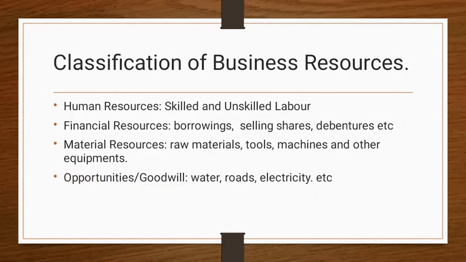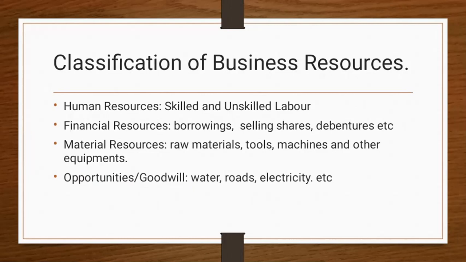So when we're talking about the human resources as one of the classifications of business resources, these human resources are very important in a business because they are the ones that coordinate and oversee other resources.